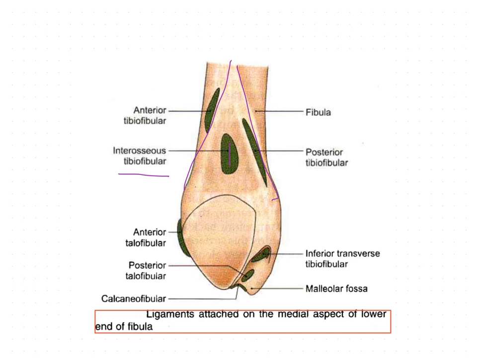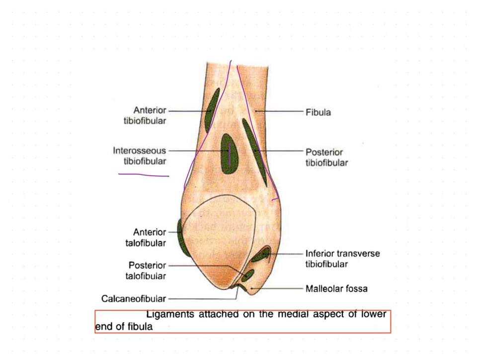The joint between the lower ends of the tibia and fibula is normally called the syndesmosis. So this interosseous tibiofibular ligament is seen in the middle.